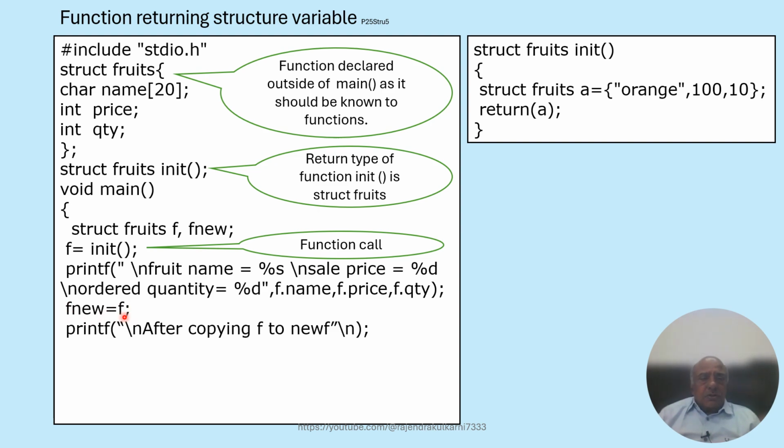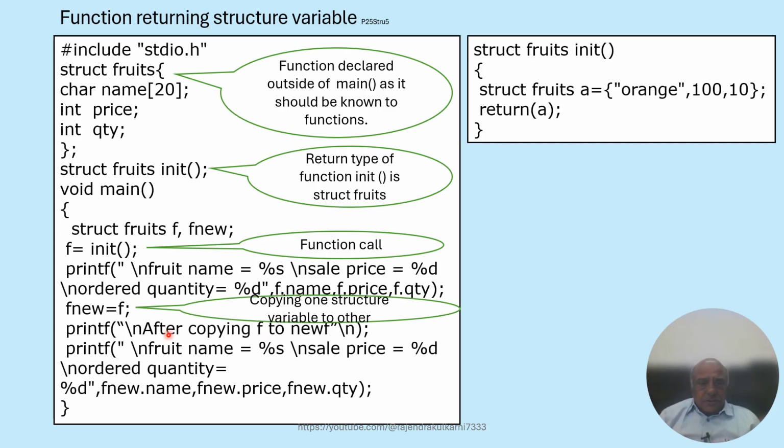This statement causes the values of all the individual elements of f to be assigned to a new variable of type struct fruits called f new. After the copy, this printf statement displays the value of f new, which will be the same as that of f, which will be the same as that of a.